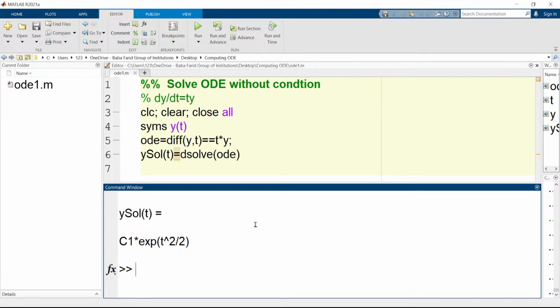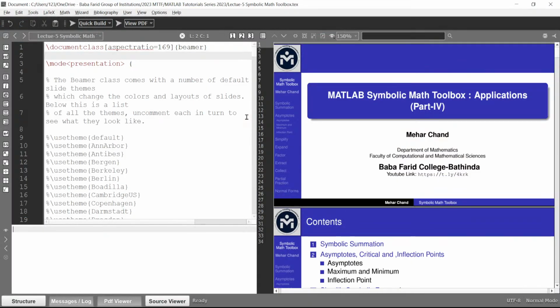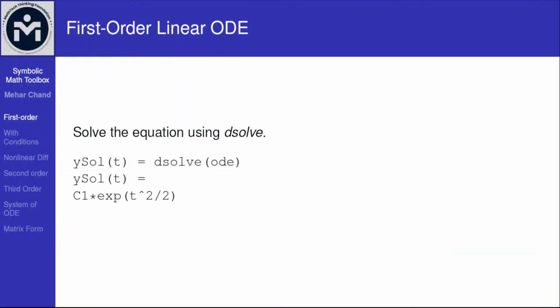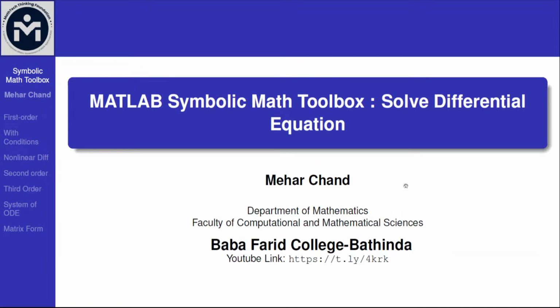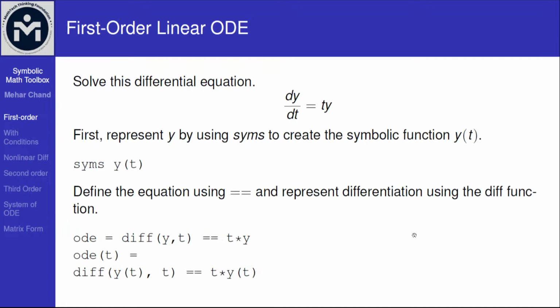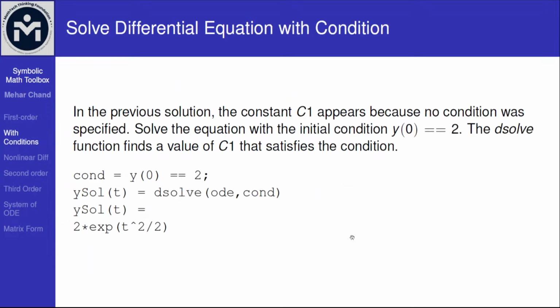Now, what if we have the initial conditions for the same? Okay, this problem was without initial conditions, but when we have the initial condition, then how can we solve it?